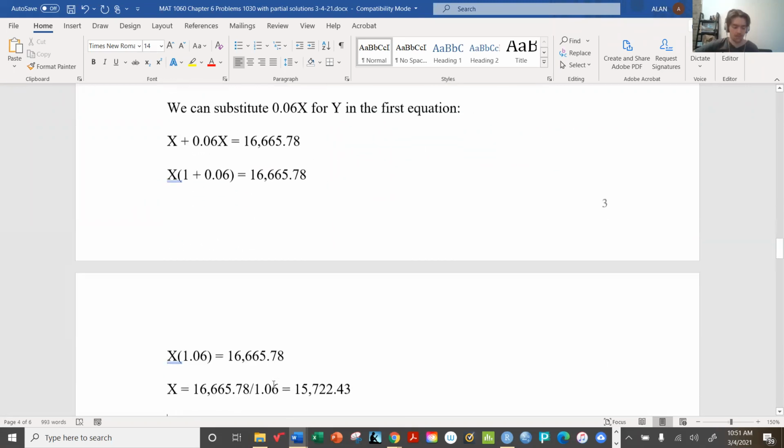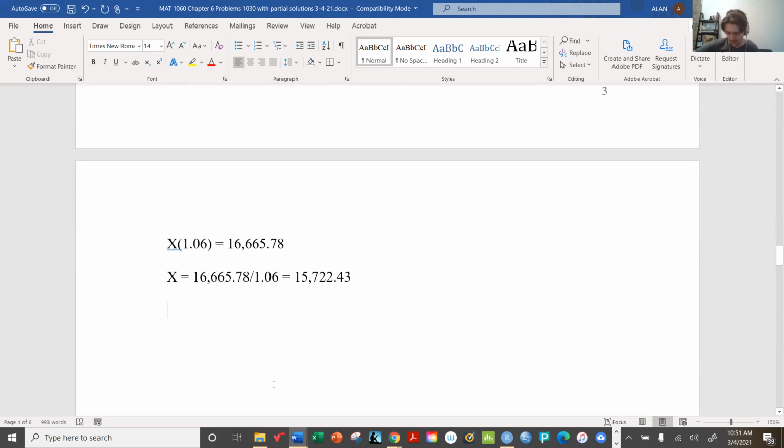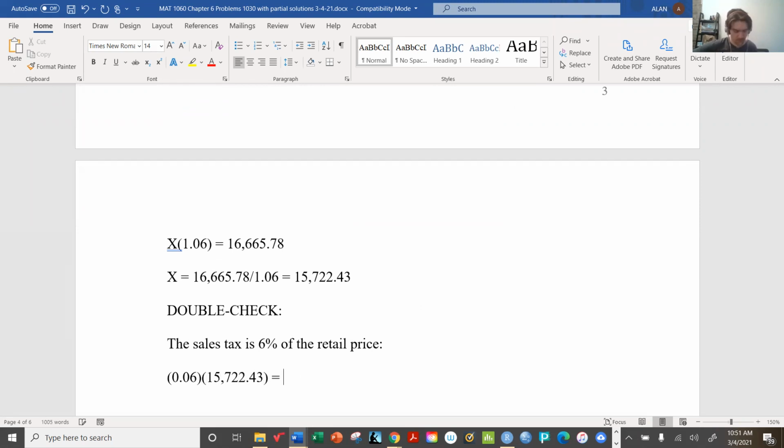But what we would like to do is confirm this. The sales tax is 6% of the retail price, so you'd multiply 0.06 times 15,722.43, and that would give you 943.35, let's say.